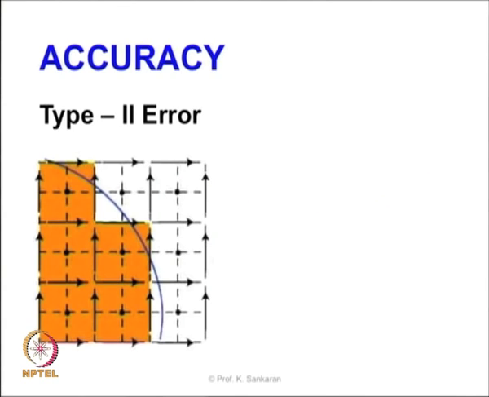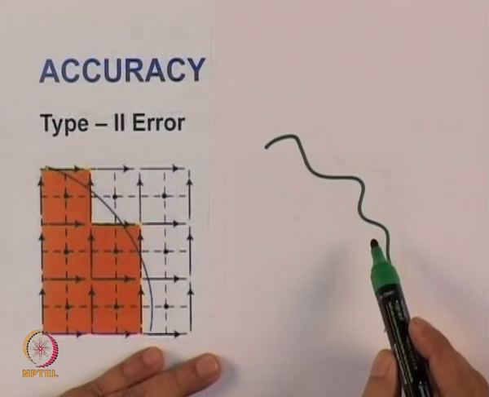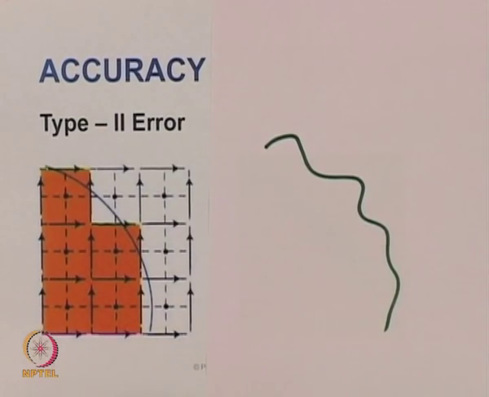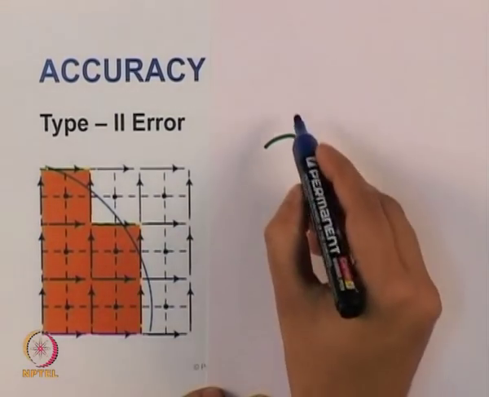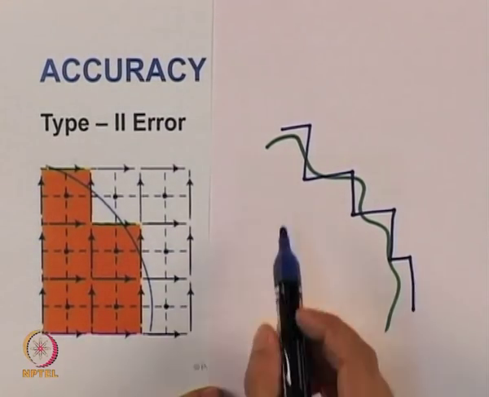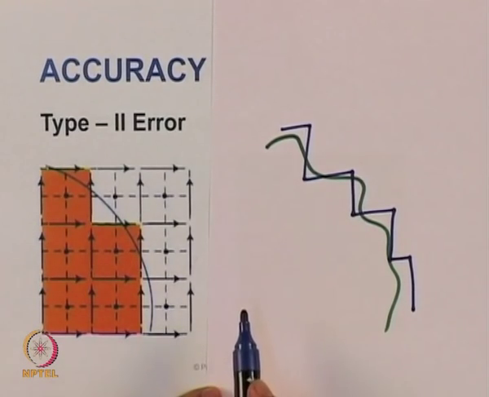The second type of error is called discretization error. Let's look at this particular slide. You have a domain having boundaries like this, and the domain might be discretized in a way that we call finite differencing or staircasing, depending on however you call it.